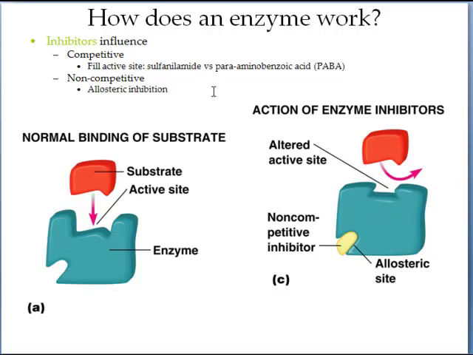In competitive inhibition, for example, various antibiotics, that's how they work. Certain drugs, sulfur drugs, and para-aminobenzoic acid, which is PABA, these molecules may resemble the true substrate, but not exactly the true substrate, and they can bind to the active site on the enzyme and thus block that enzyme's activity.